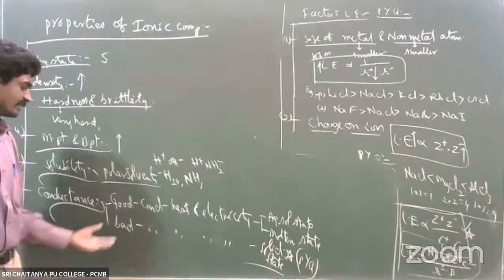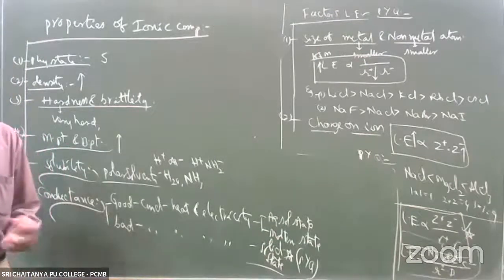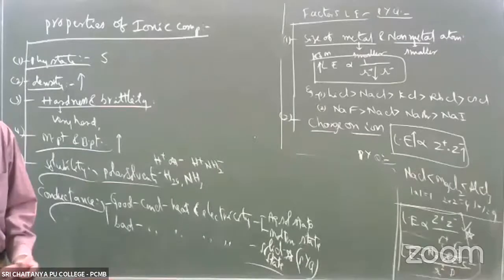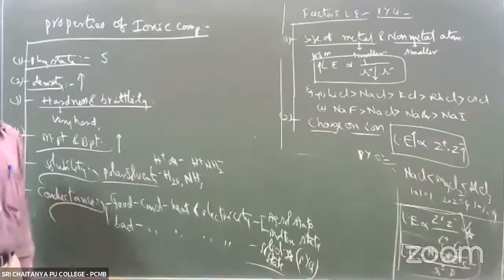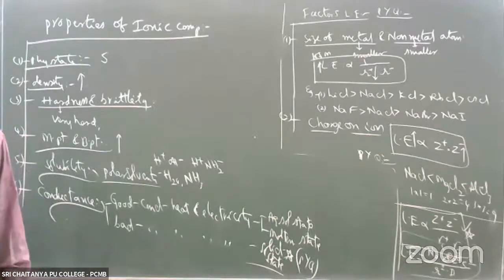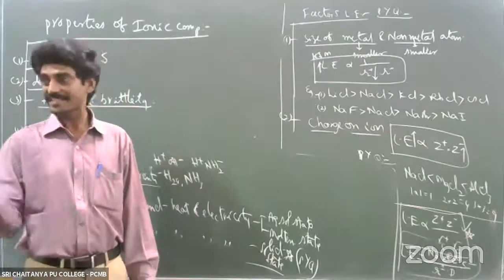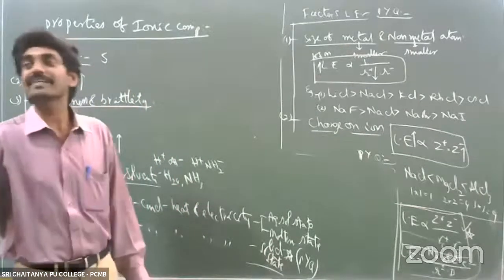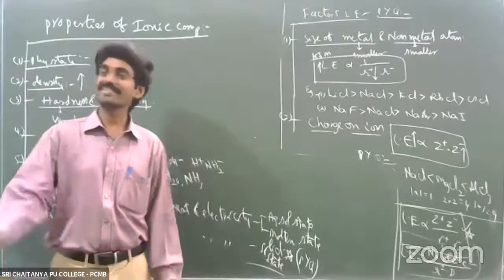If ionic compounds are dissolved in water, they are soluble and form cations and anions. These cations and anions are freely mobile, so they can carry electric current. In molten state, you heat the ionic solid and it becomes a liquid, with ions present, and these ions can carry electric current.